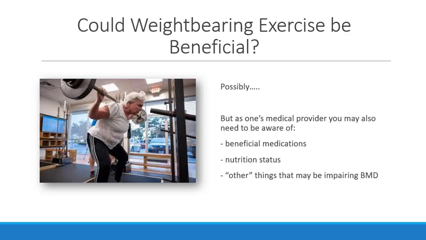By randomizing people, we would have equal number of subjects, potentially with beneficial medications for their osteoporosis, randomized to each group. And nutritional status, hopefully we would have similar groups at baseline, as well as other things that may be impacting one's bone mineral density.